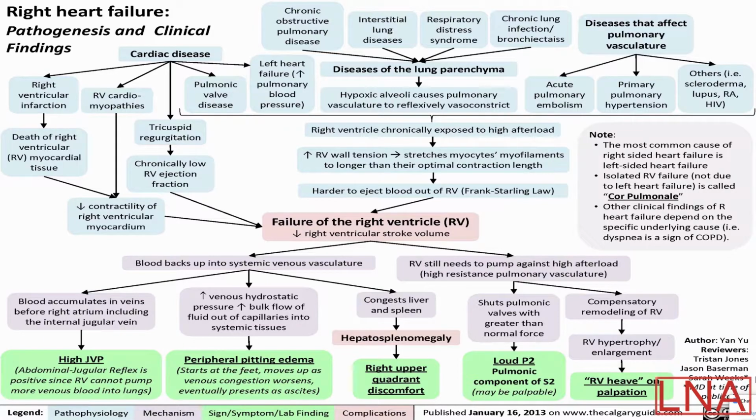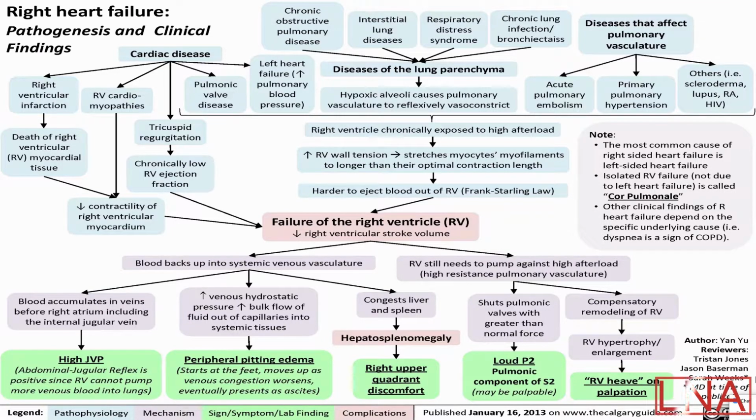Disease of the lung parenchyma is another group of disease, not only cardiac disease, that can cause right-sided heart failure: chronic obstructive pulmonary disease, COPD, in the case of formation of chronic pulmonary heart, interstitial lung disease, respiratory distress syndrome, chronic lung infection, and development of bronchiectasis, leading to a problem in the lung parenchyma.